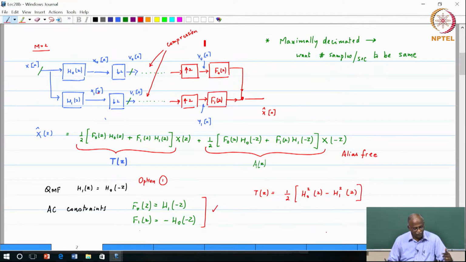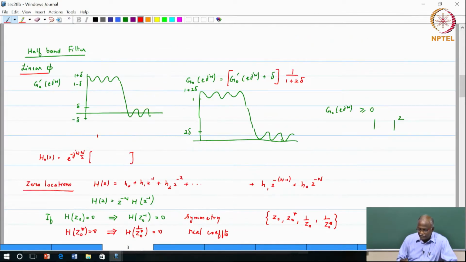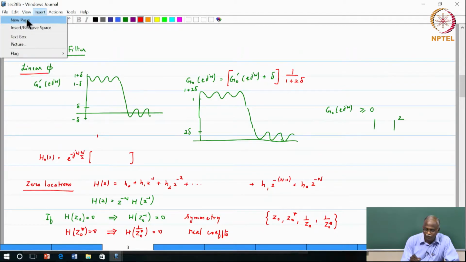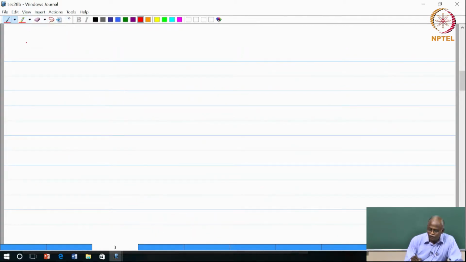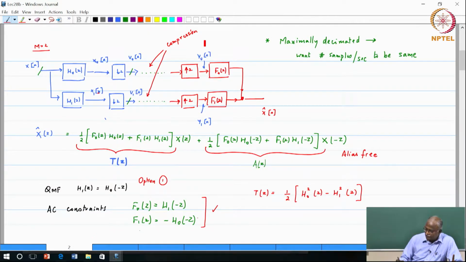And from this point on, we looked at 3 variations. Let me just quickly remind you, this is more of an overview. So the first solution, where we have implemented the aliasing cancellation and the QMF condition, you have got T of Z of this form.